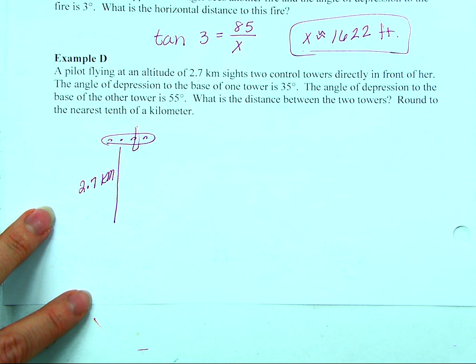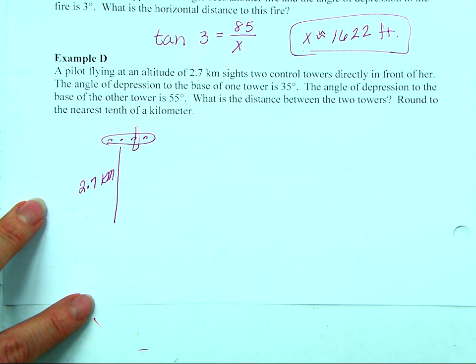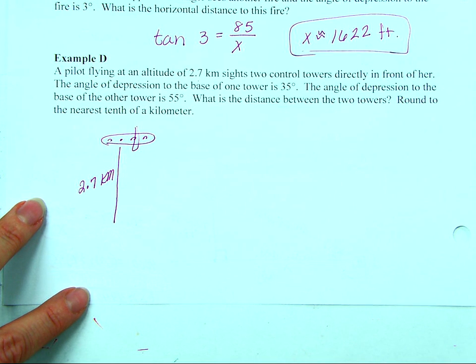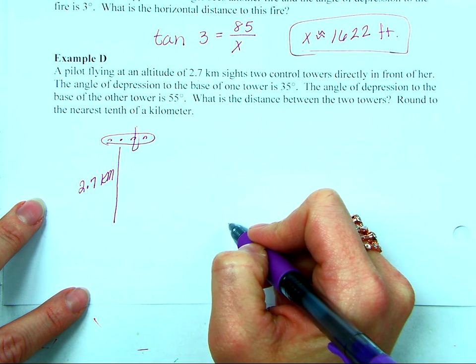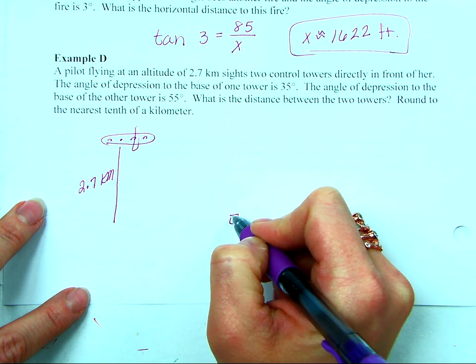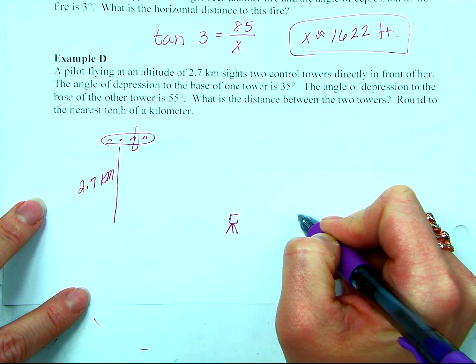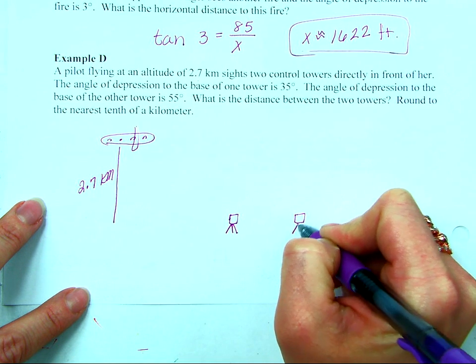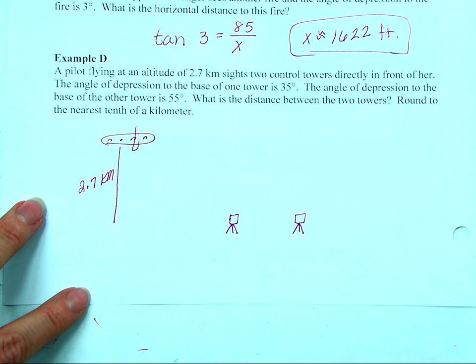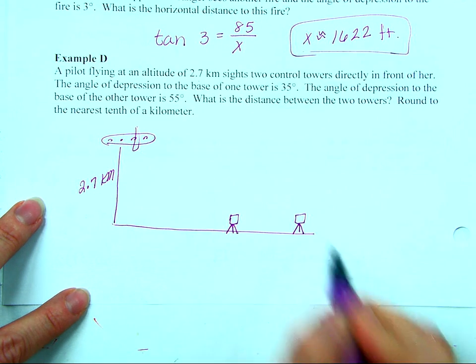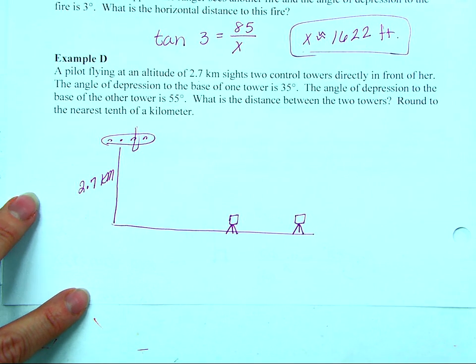My pilot sights two control towers. So let's make our control towers here. We've got tower 1, and I'm going to make a tower 2. And I may not have things drawn to scale, but I'm just trying to get a sketch so I know kind of how I'm going to set up to solve.